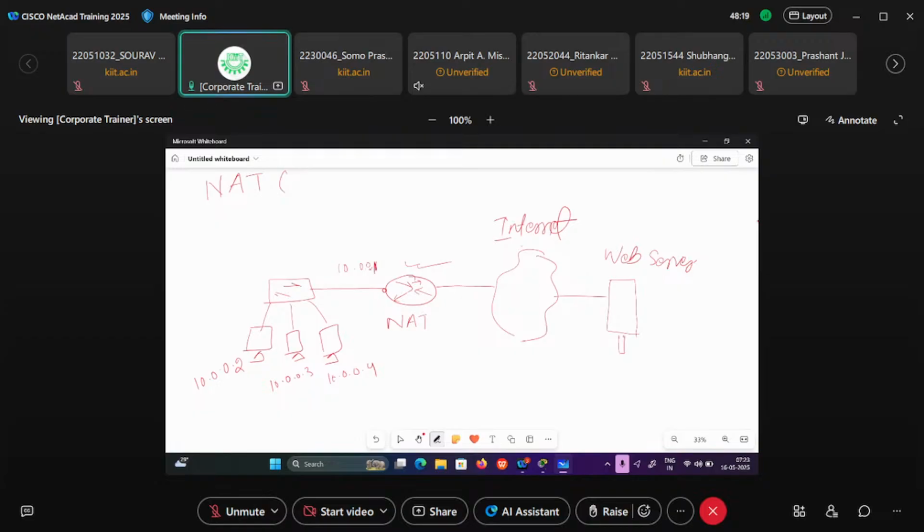If after taking 1.5 months of classes you are not able to recognize private and public, then there is no meaning of learning CCNA, because this is the simplest thing and a very important thing also, identifying private and public IP. So do you know the ranges of private and public IP for each and every class?